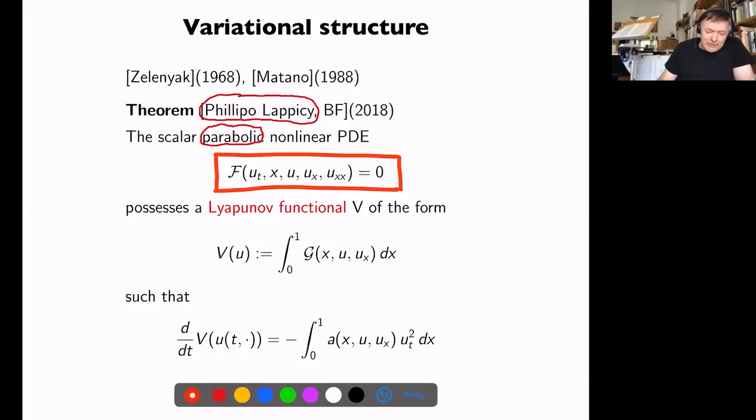So it turns out that on the unit interval, say with Neumann boundary conditions or nonlinear Neumann boundary conditions, this equation is gradient-like. It possesses a Lyapunov function with respect to a funny metric. And previous results of this type in the quasi-linear setting were due to Zelenyak.